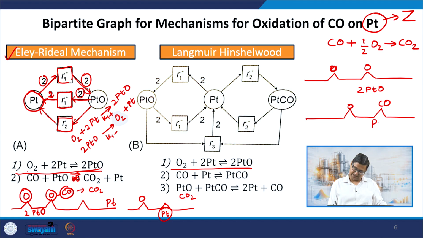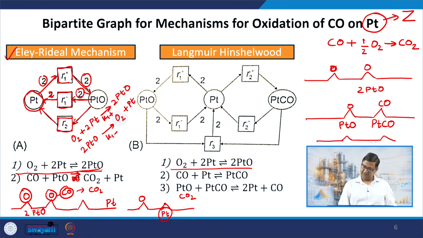So we have a nearby site absorbed by CO, which is called PTCO. So we have a PTO now and we have a PTCO now, and now they together react, leaving aside bare PT, and CO2 goes in the bulk.